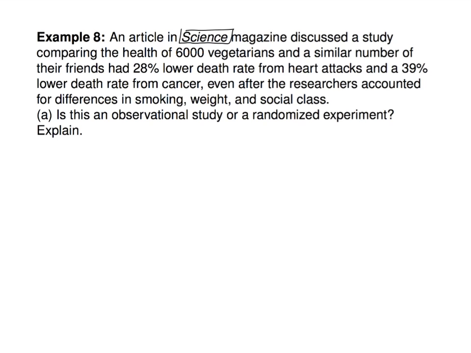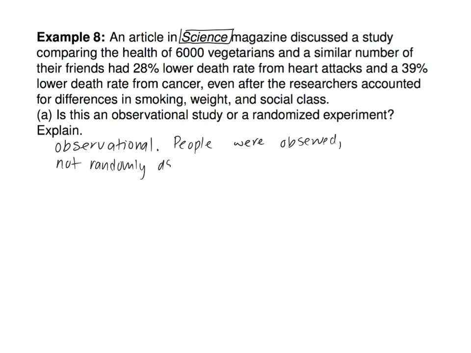But even so, is it an observational study or a randomized experiment? It is observational, and the reason is that people were observed, not randomly assigned to a specific diet.